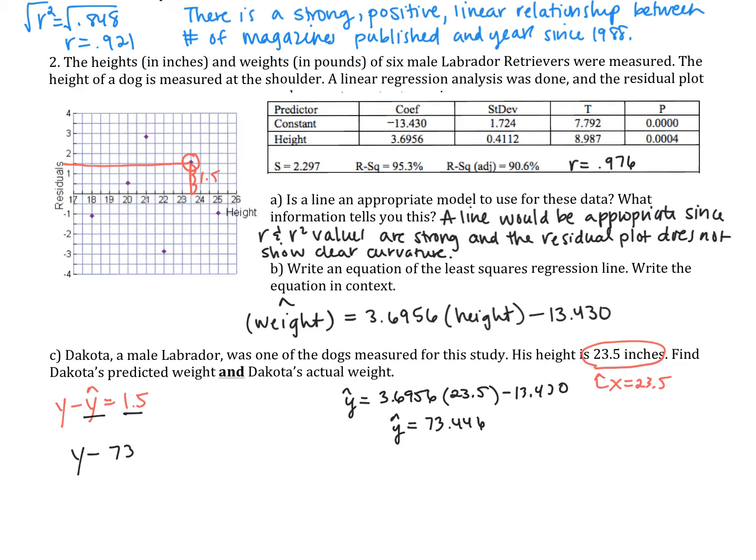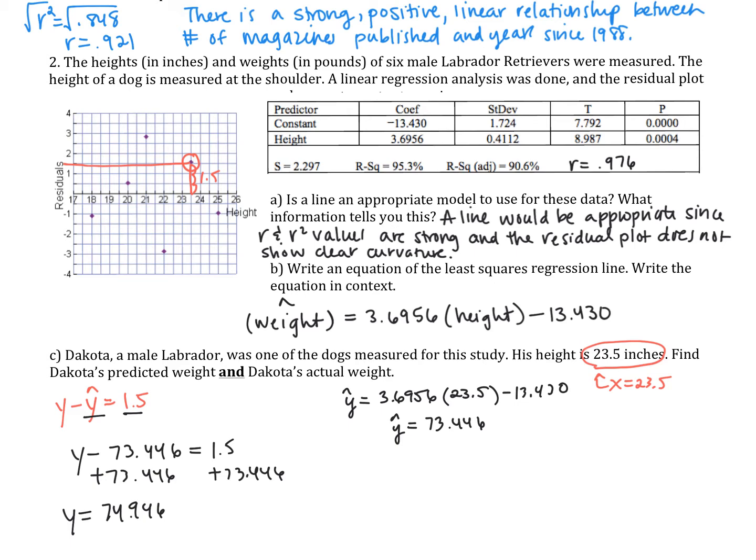So his actual weight, I can just solve for here by adding 73.446 over. And I get his actual weight was approximately 74.946. So the line actually underestimated Dakota's weight a little bit, and we know that since the residual was positive.